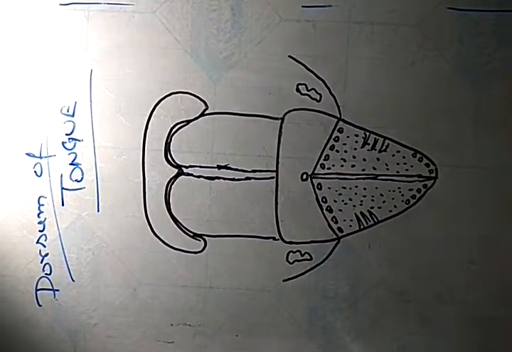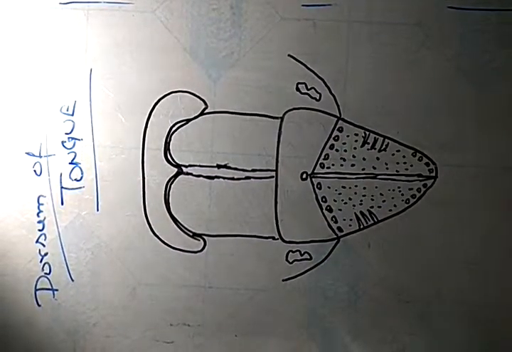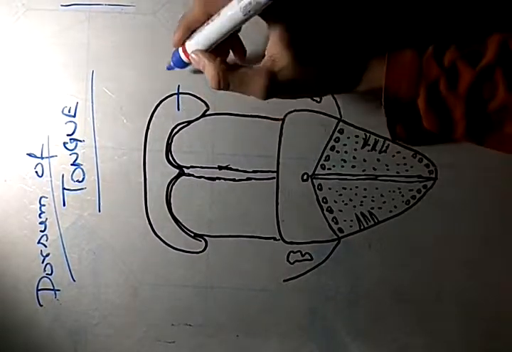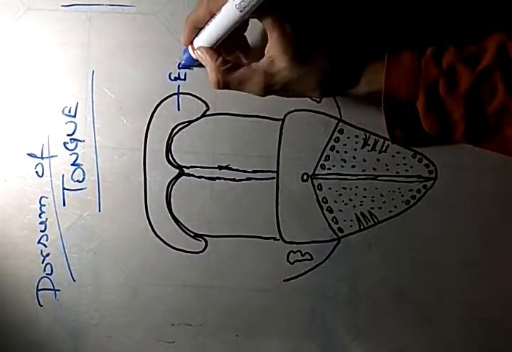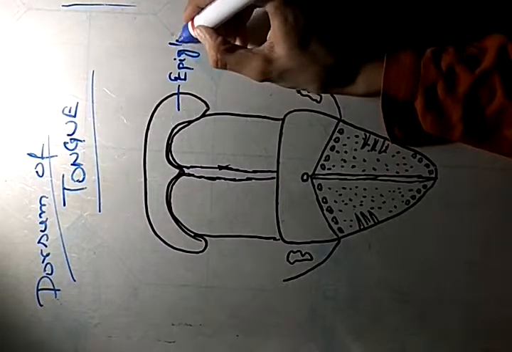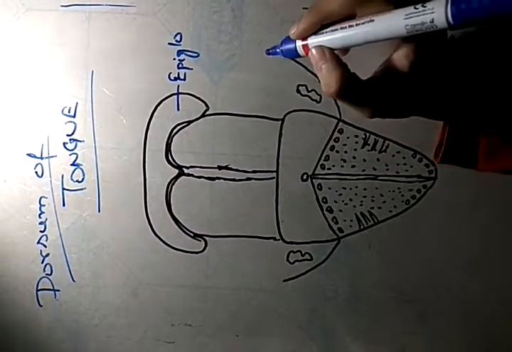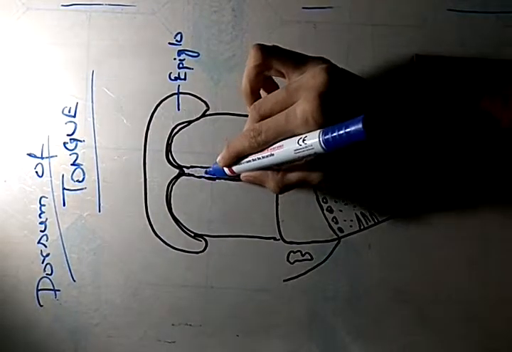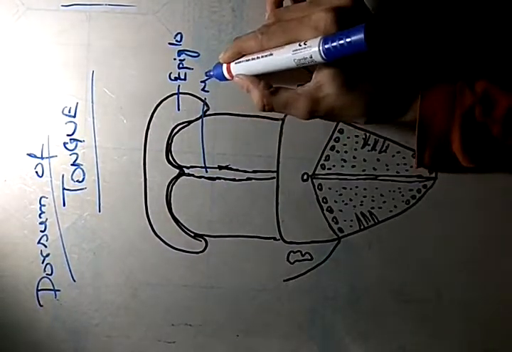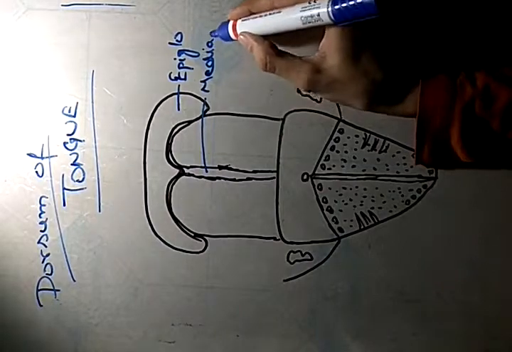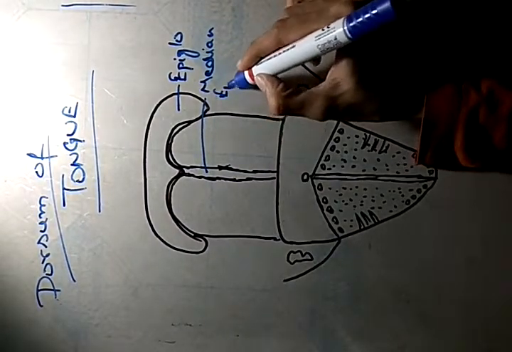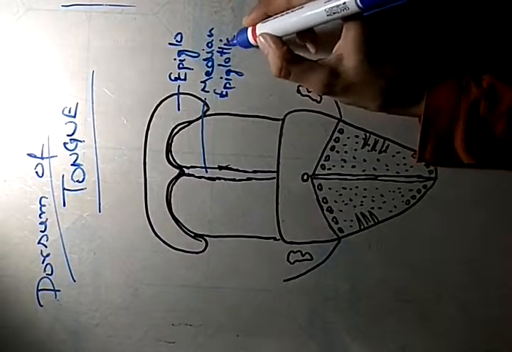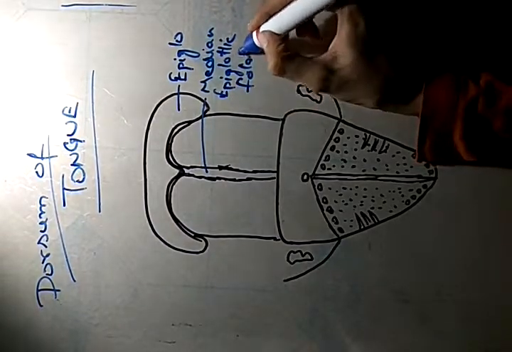So now what is what? Let's start labeling this diagram of dorsum of tongue. This is our epiglottis. Then we have this median epiglottic fold.